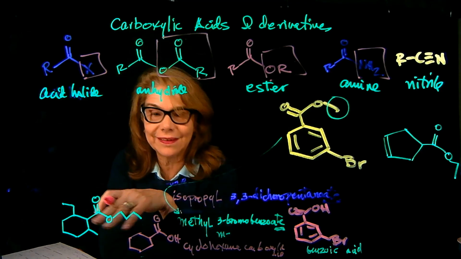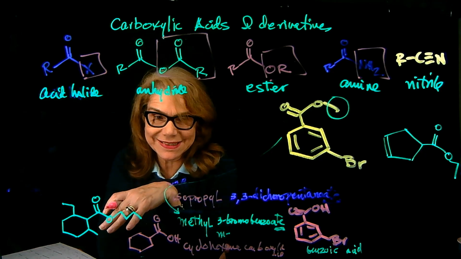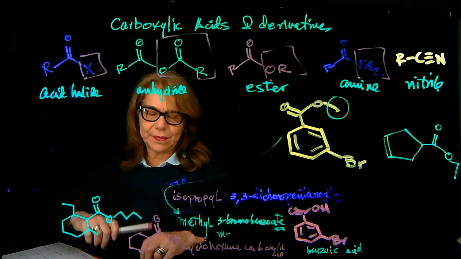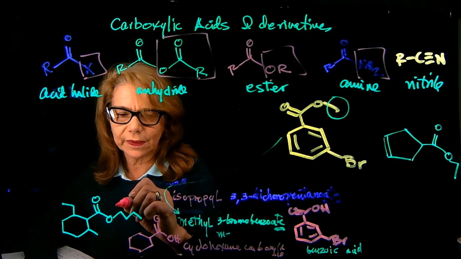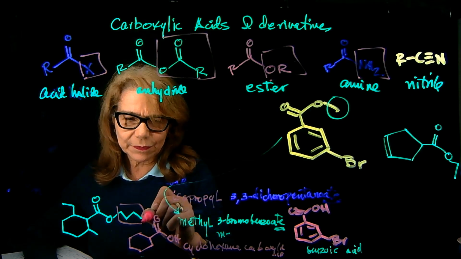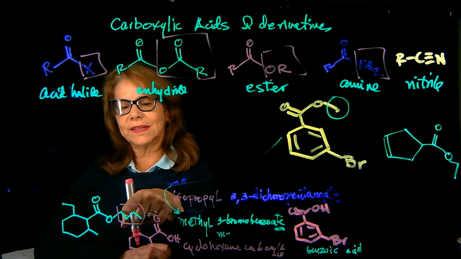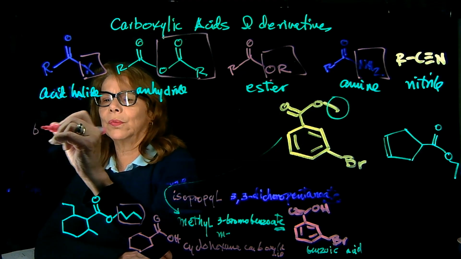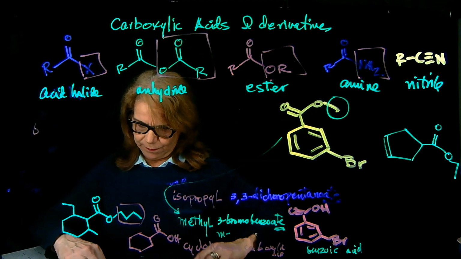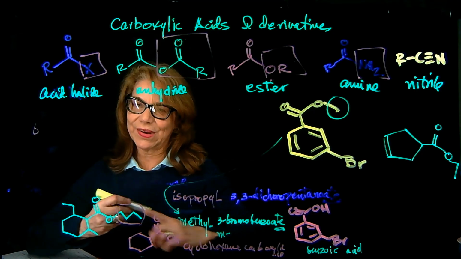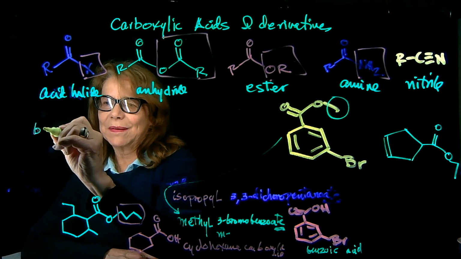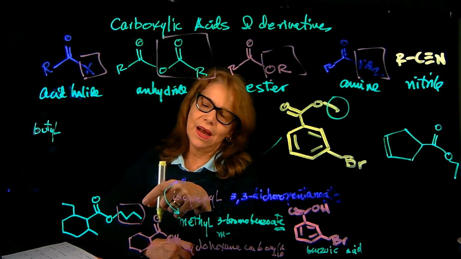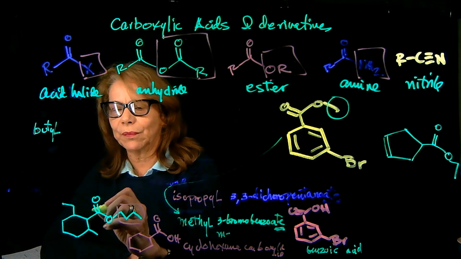Now, this is cyclohexane carboxylate. But first I need to identify my ester, what is this, because that's before. It has 4 carbons, so it's butyl. So butyl. That's that, and then that will be my carbon number 1.